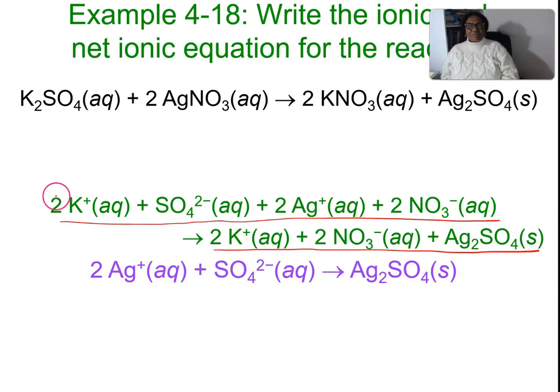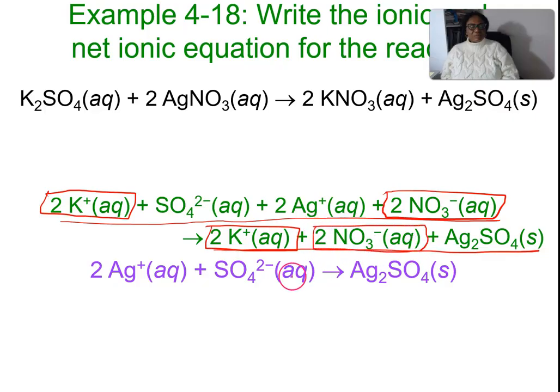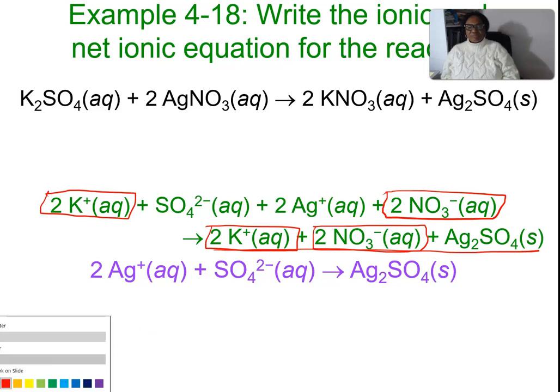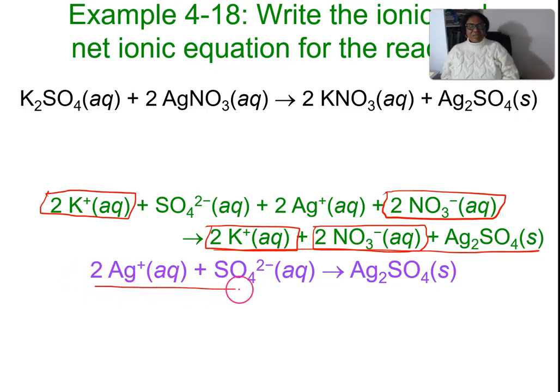And the spectator ions, we'll look at what is on both sides. So when we remove the spectator ions, we have what we call the net ionic equation. So this is the net ionic equation.